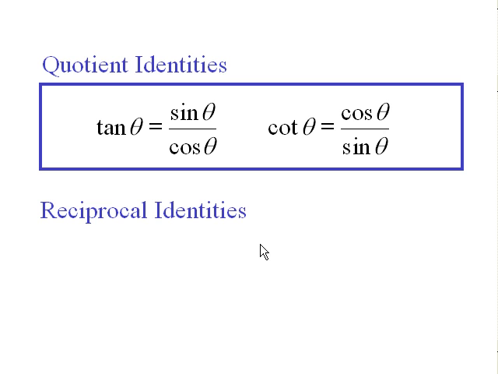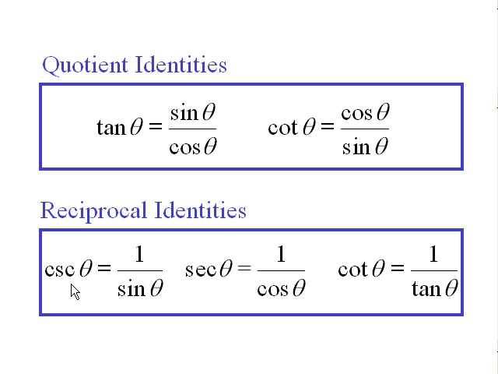The reciprocal identities let you say what cosecant was as reciprocal of sine, secant as the reciprocal of cosine, and cotangent as the reciprocal of tangent. So the fact that these hold independent of the value of the angle, as long as it makes sense to plug in an angle on the left-hand side and the right-hand side of one of these equations and get a value out, the value that you get left and right will be the same.